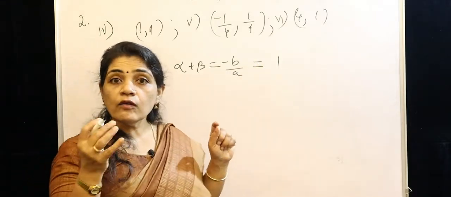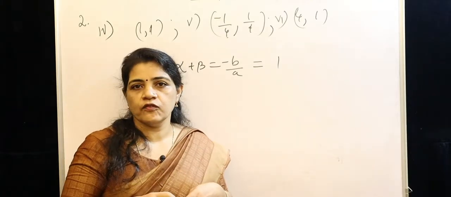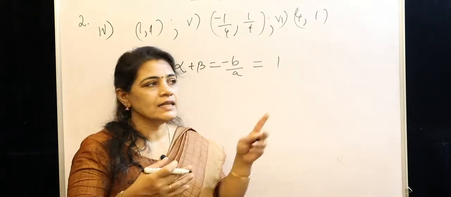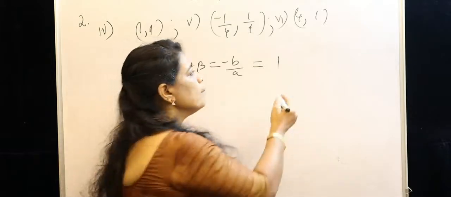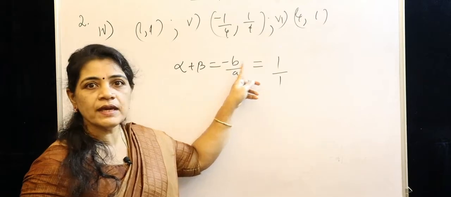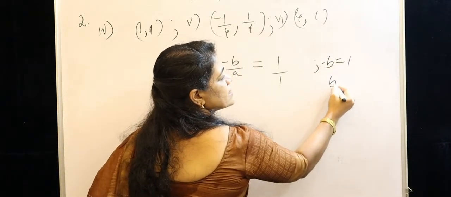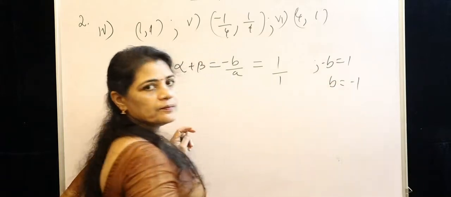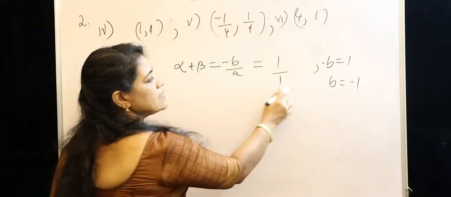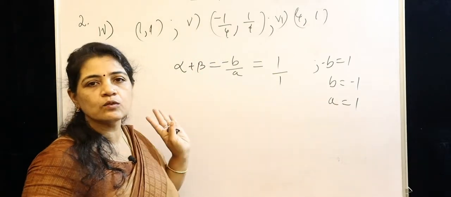See children, always write the given sum of the zeros in fractional form. If it is a whole number, 1 can be written as 1 by 1. So in place of b, minus b equal to 1, that means b is equal to minus 1. And a is equal to 1, the denominator is 1.